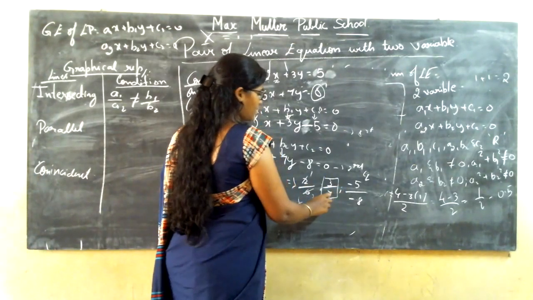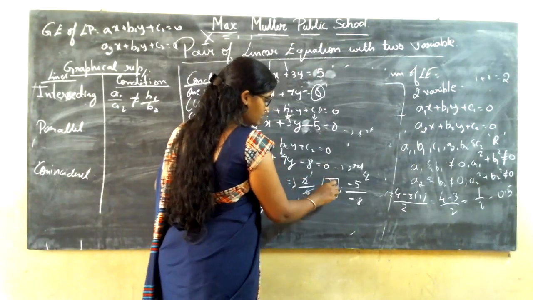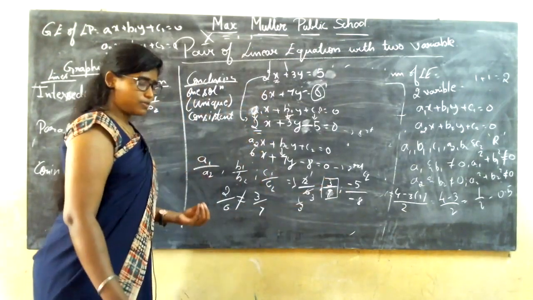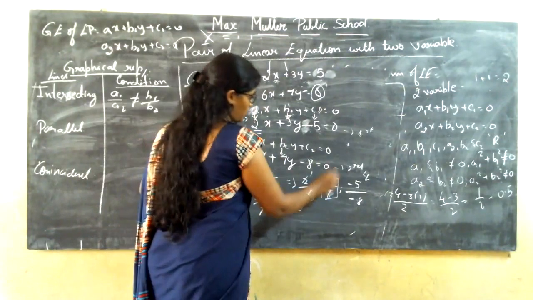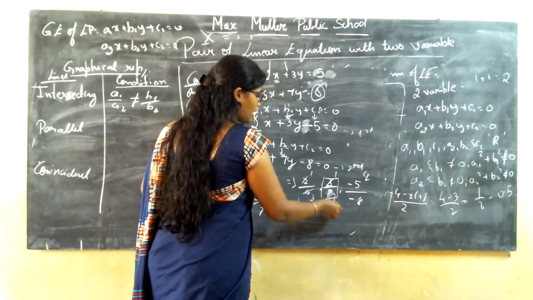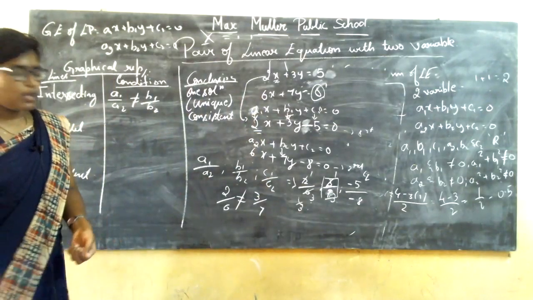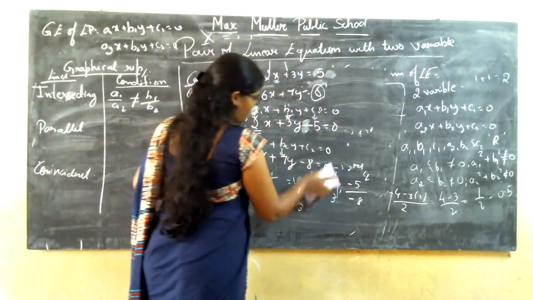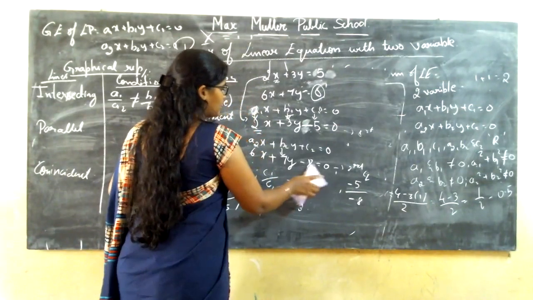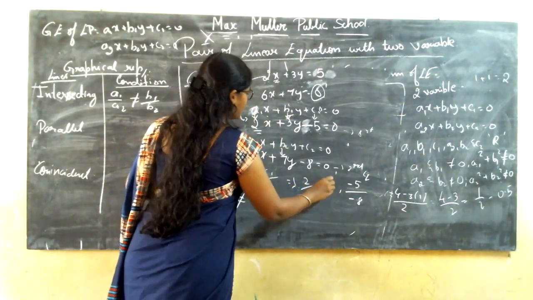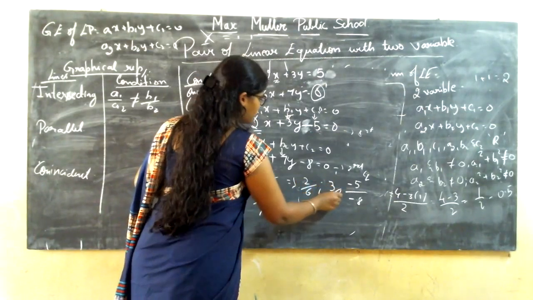will be of simplified. If this term was also 3 by 9, and if this was also simplified, and if you get the same number, then you can simplify and write it. If the numbers are different, that is 2 by 6, and what is the value? 3 by 7.